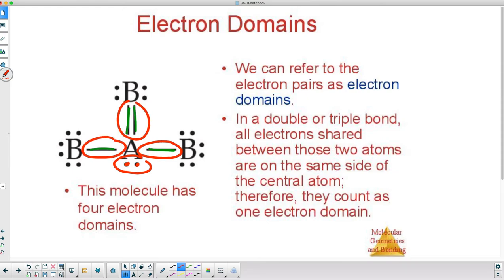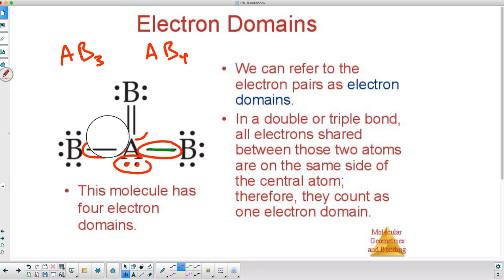If we have 4 electron domains and they all push off on each other, then any molecule that has 4 electron domains, like this one, with 1A and 3B, or 1A and 4B, can all be the same shape as long as you have 4 electron domains. An electron domain is anything that is bonding or non-bonding. And one double bond is a single electron domain. So that's how we count electron domains.